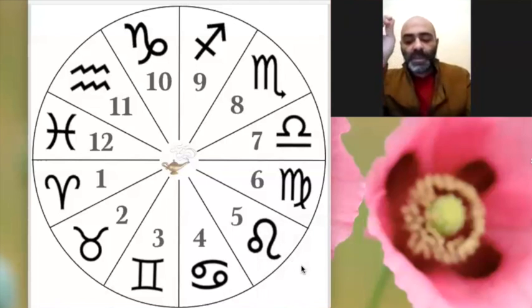A house represents the areas of life that a certain planet will give its result into.